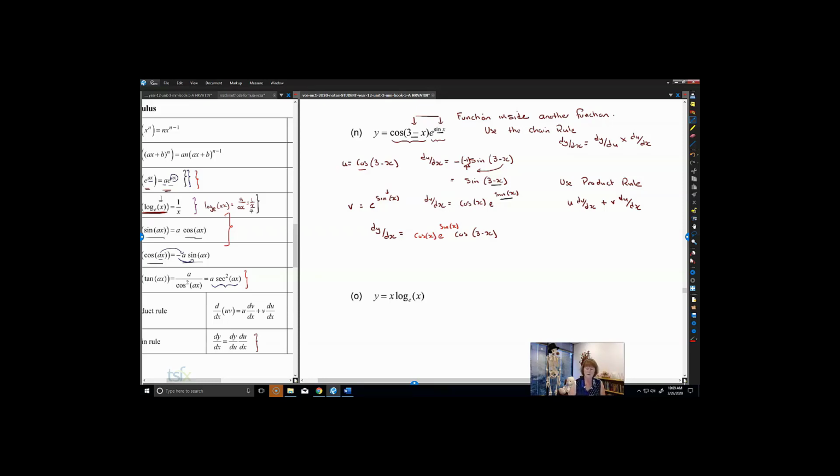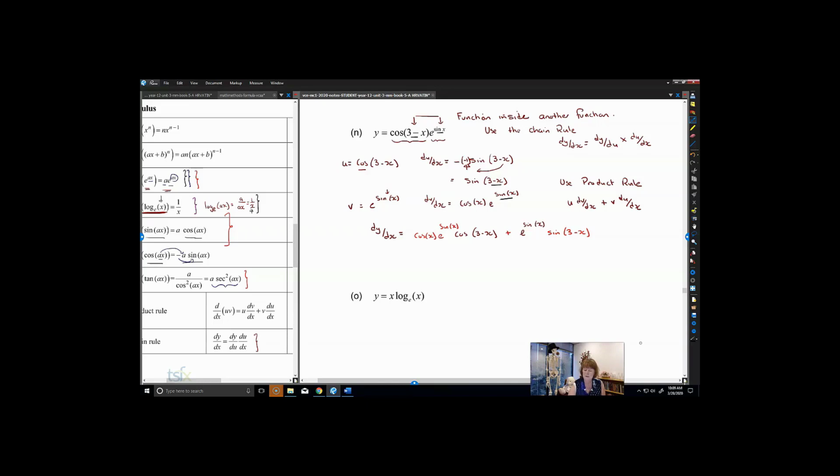Okay, so we've got our cos, we've got e to the sine. We're then going to add v, our value of v, which is e to the sine of x, and we're multiplying that by our derivative of u, which is the sine of 3 minus x.